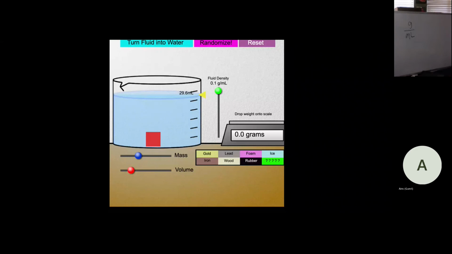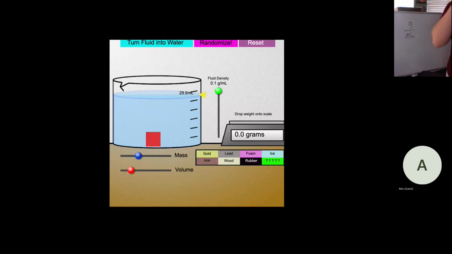Okay, so what does the G measure? Right now our fluid density is set at 0.1 g per milliliter. What does that G stand for? Grams. Grams, so that's mass. What does milliliter measure? Volume.